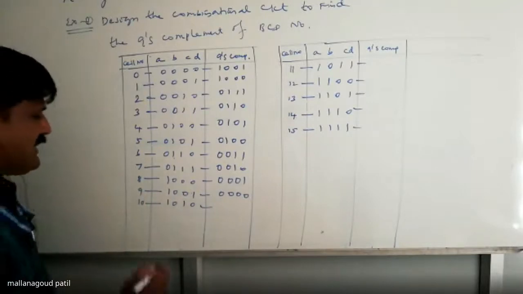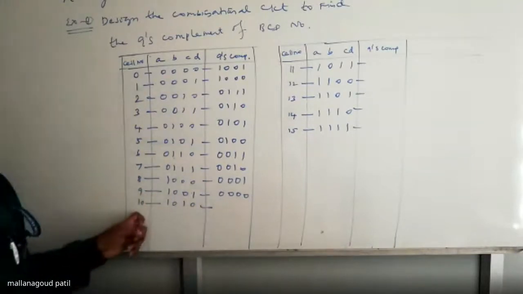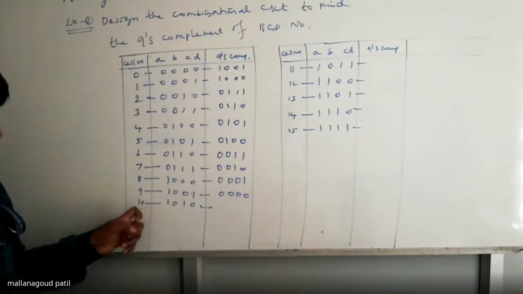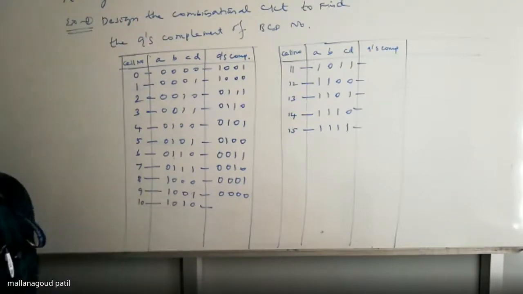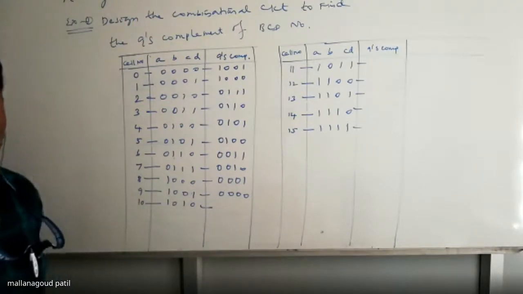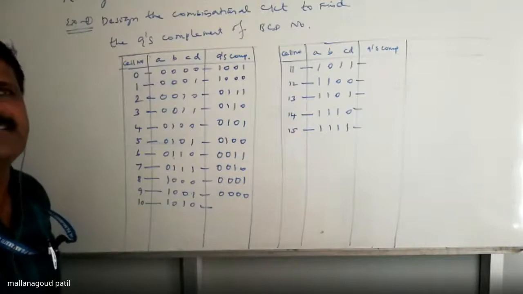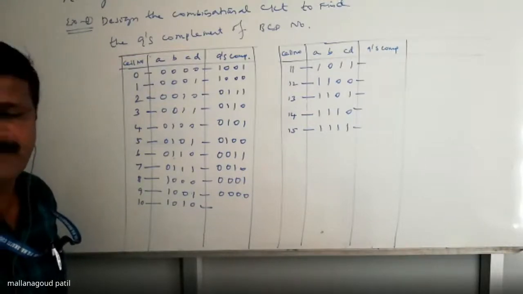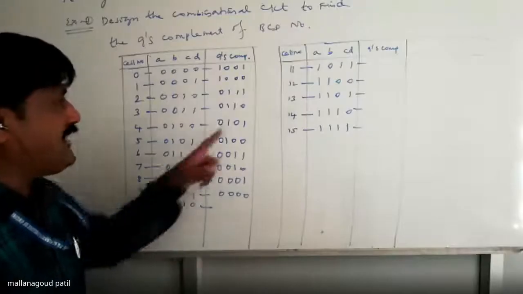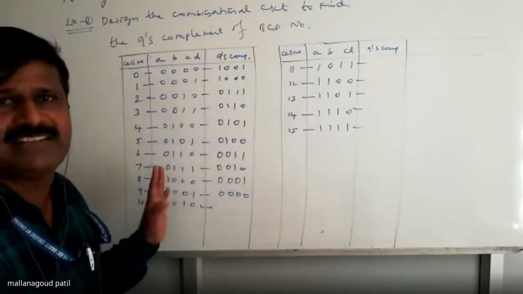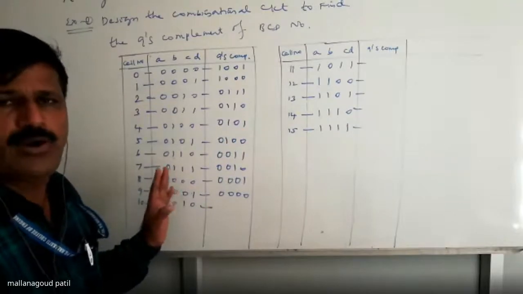Then next, the important thing is 10. What is the equivalent value of 10? How many digits is the number 10, single digit or double digit? Double digit, sir. Our design is restricted only to a single digit. Then what should we do?